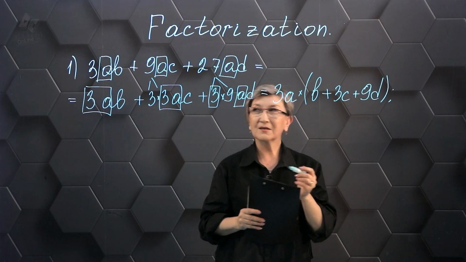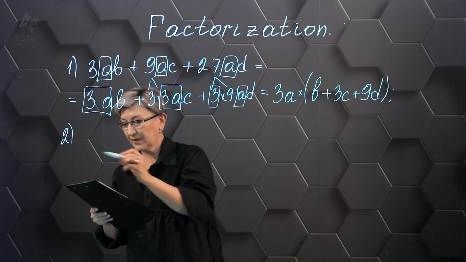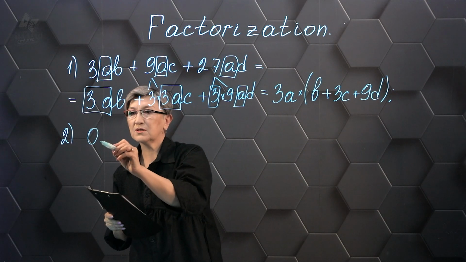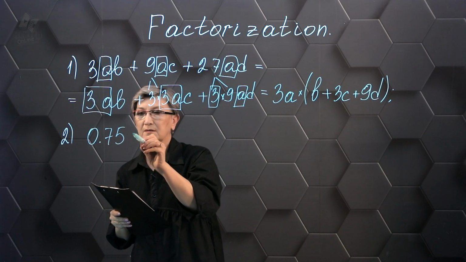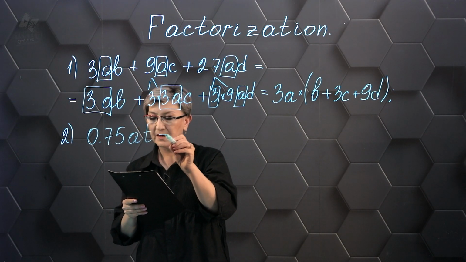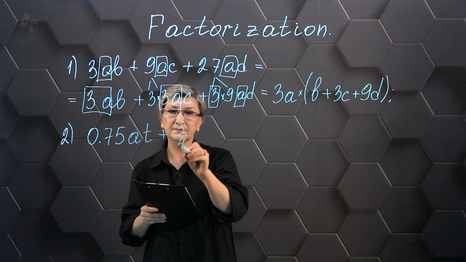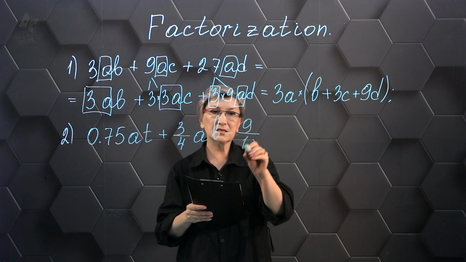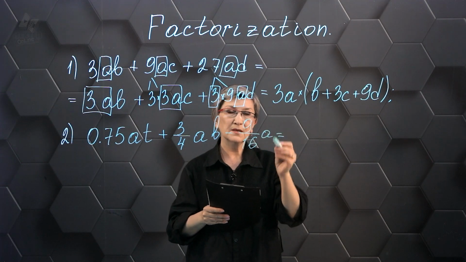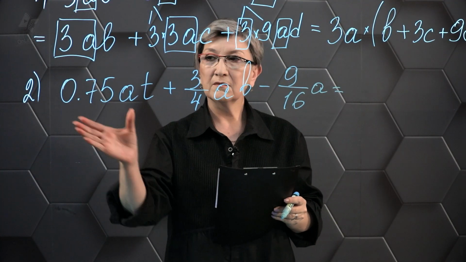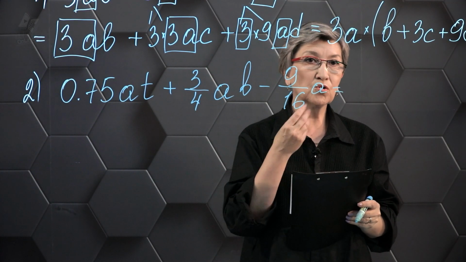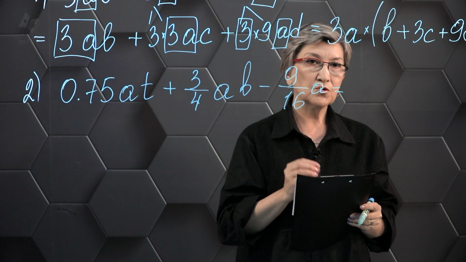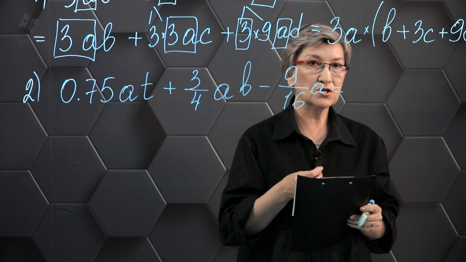The next example we're going to solve. It looks like this. 0.75a plus 3/4 ab minus 9/16 a. If there are fractional numbers in the example expression, we can also consider them as a multiplier.